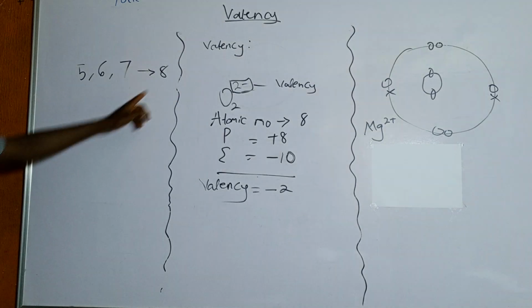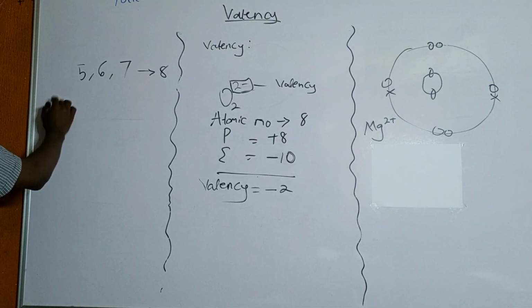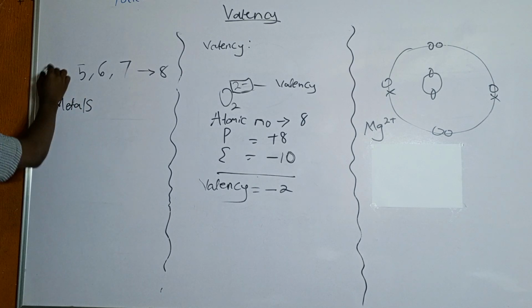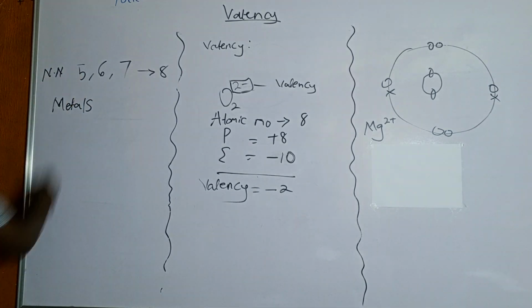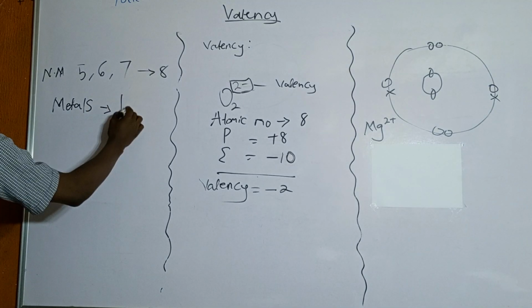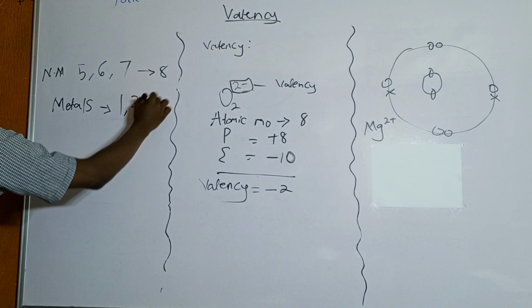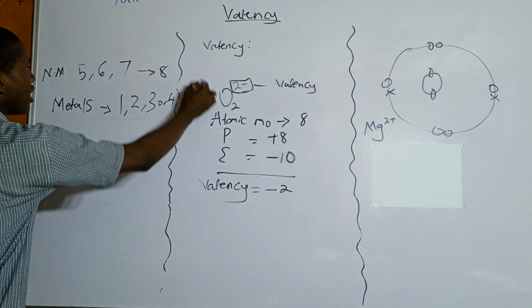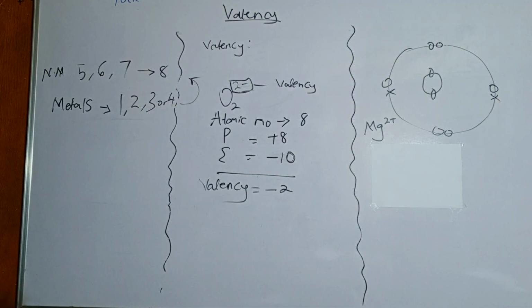They want to complete 8. But for metals, they usually have 1, 2, 3, or 4 electrons, and are also heading to 8. But for metals, the case of valency is a little bit different.